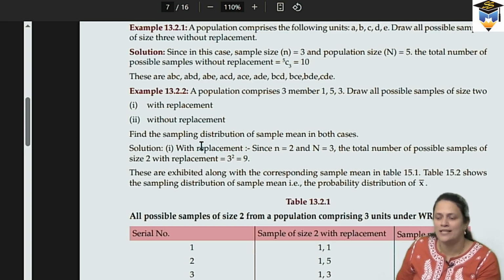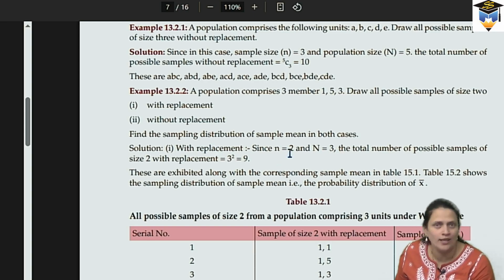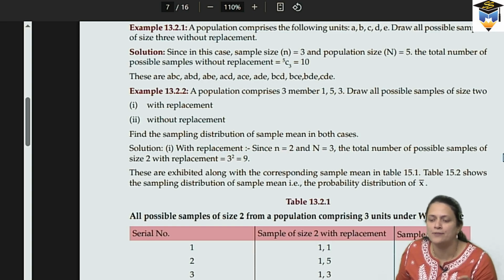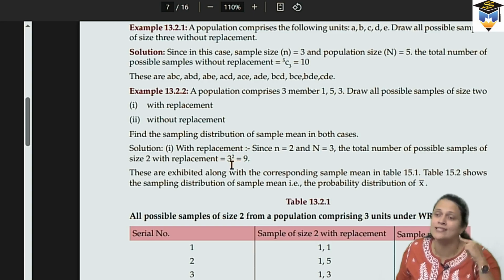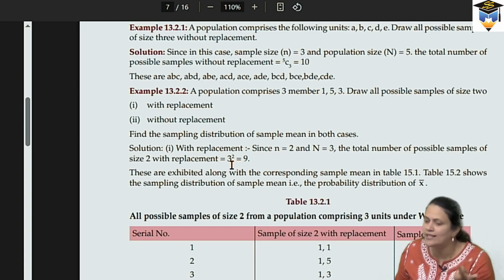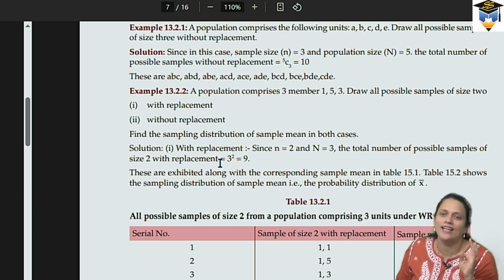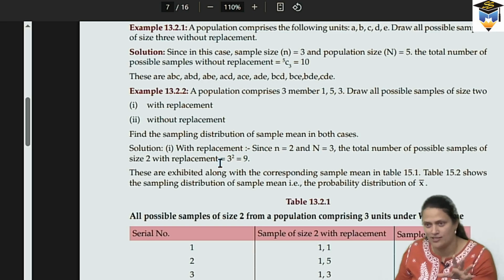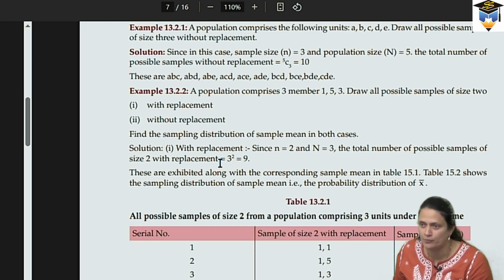So now with replacement, what do we do? Small n is 2, capital N is 3. So the total number of possible samples with replacement will be 3 square. Why 3 square? Because this is a formula in permutation and combination, that chapter we have not done: N raised to n, that is the formula.